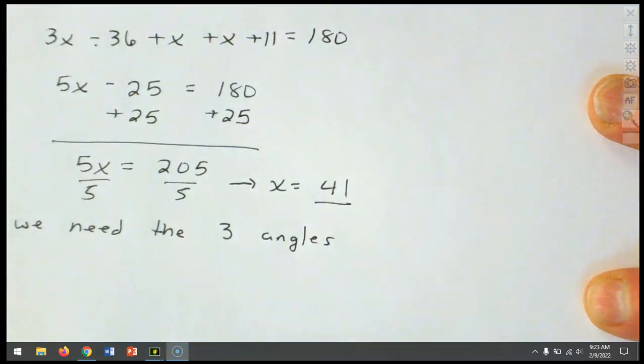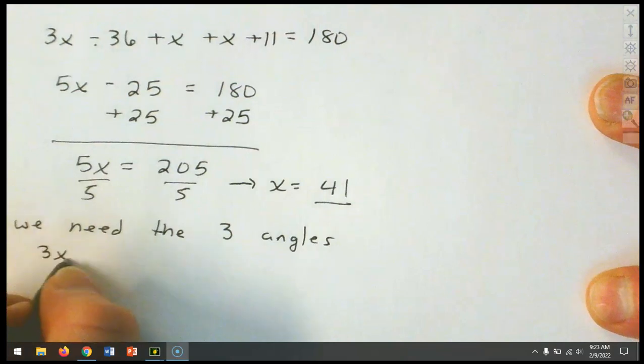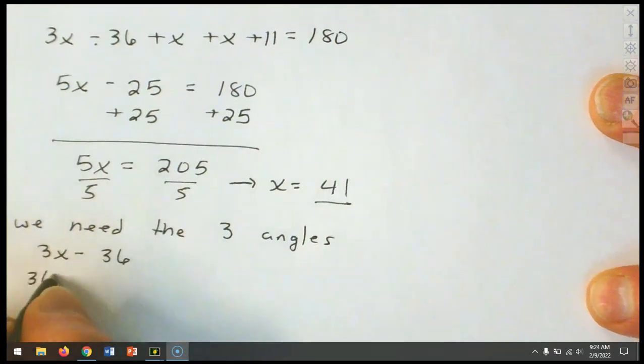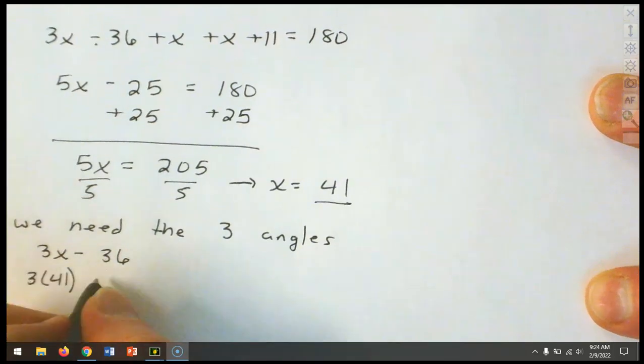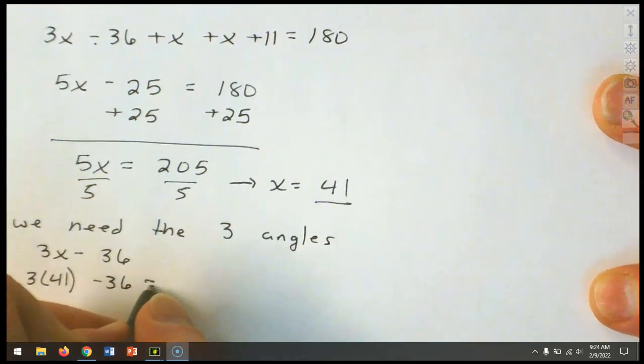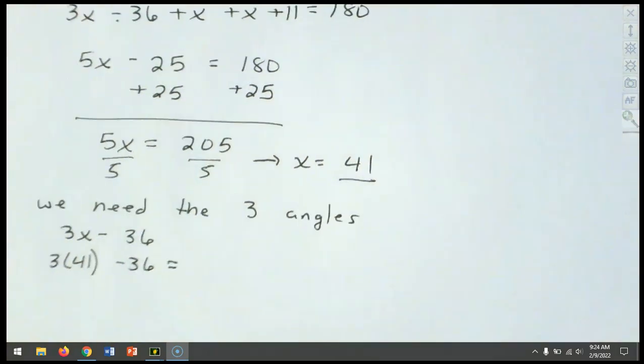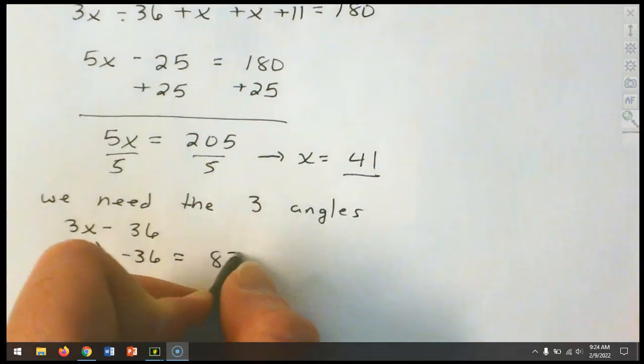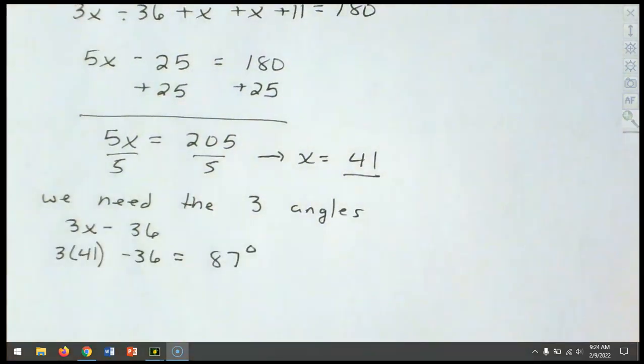One of the angles is 3x minus 36. So that's 3 times 41 minus your 36. Okay, so we'll work that one out, and that's going to be one of them. 3 times 41 is 123. Subtract off your 36, and one angle is 87 degrees.